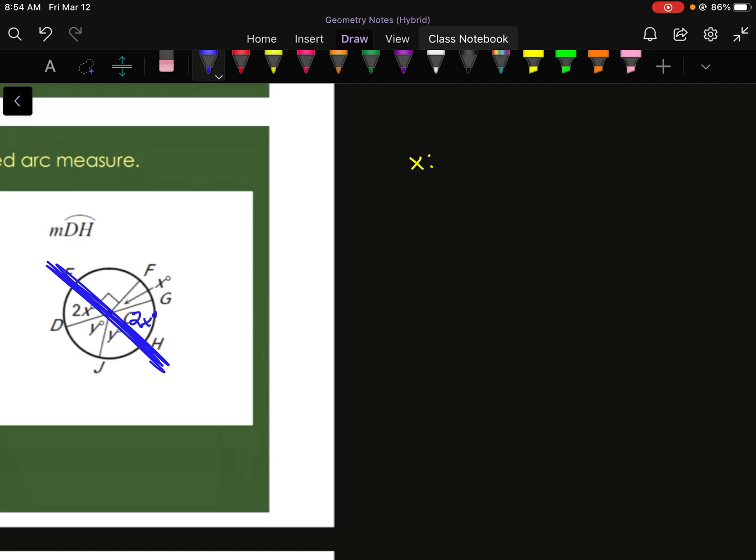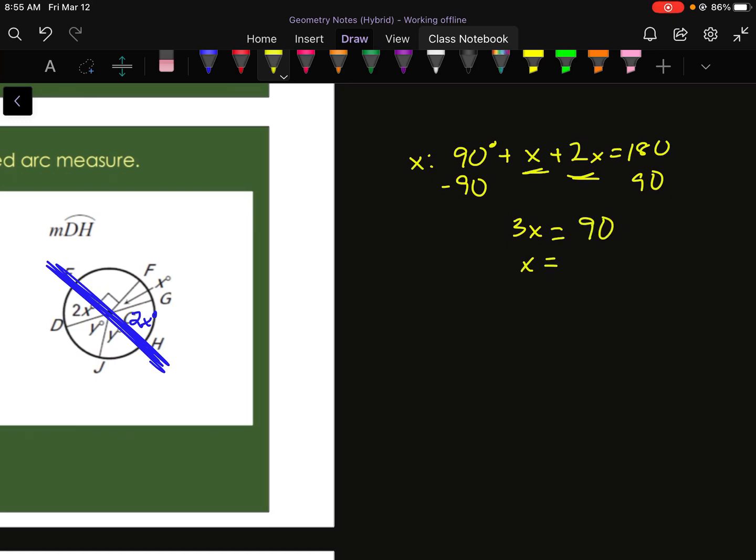So if I add all of these up, so 90 degrees, you see that marking right here, plus X, this angle right there, plus 2X, the angle we filled in and we knew it was 2X because of vertical angles. All that together should be 180 degrees. So if you subtract 90 and then you combine these 2, 3X equals 90, divide both sides by 3, X equals 30.